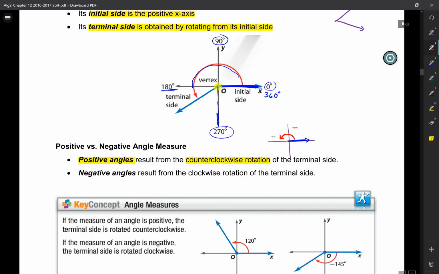Or, if this is the terminal side, I can rotate clockwise this way, okay? And that gives me a negative angle. So negative angles result from the clockwise rotation.